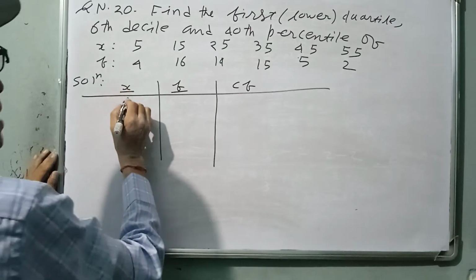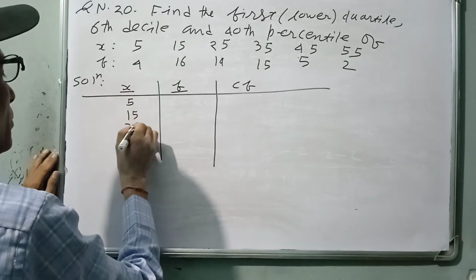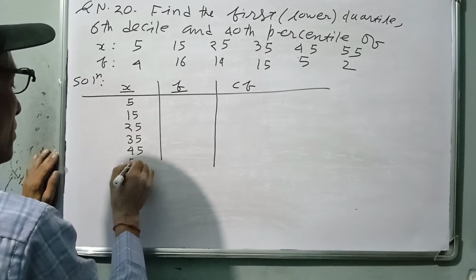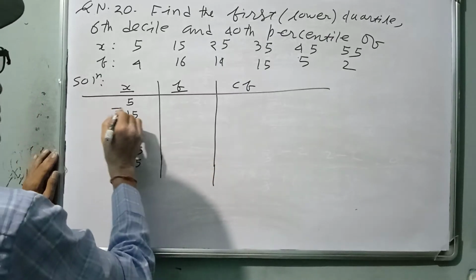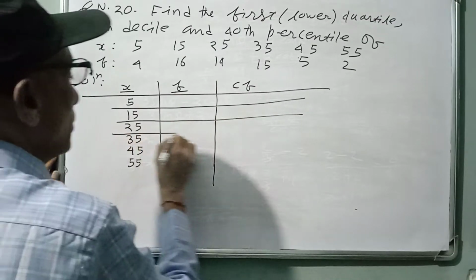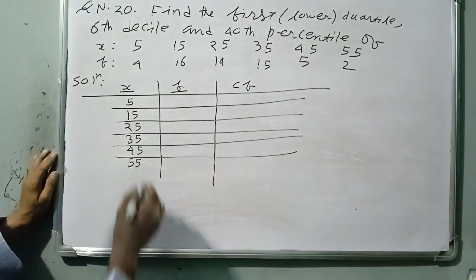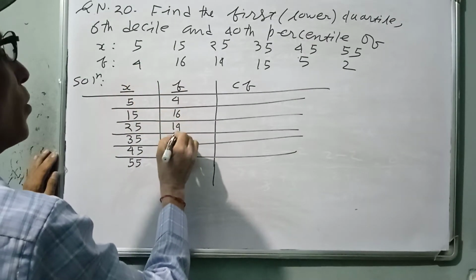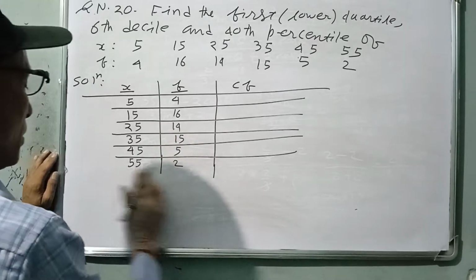Write 5, 15, 25, 35, 45, 55. Frequency: 4, 16, 14, 15, 5, 2.